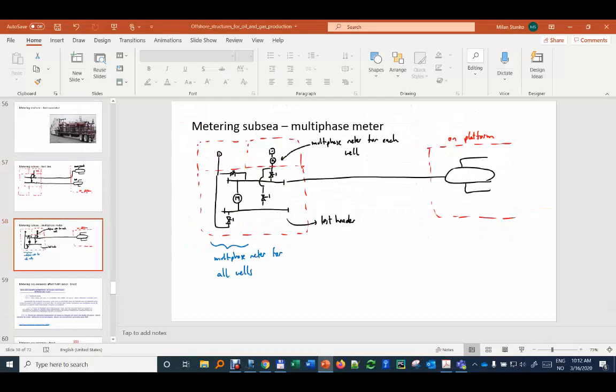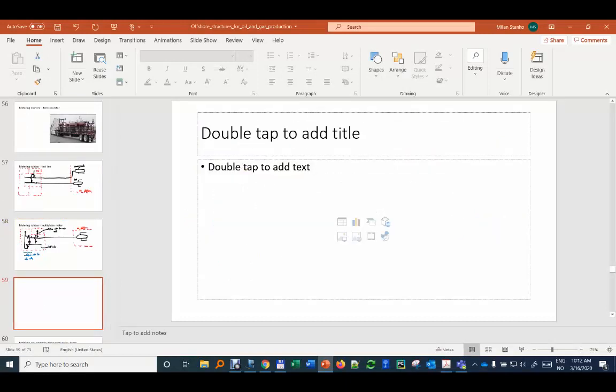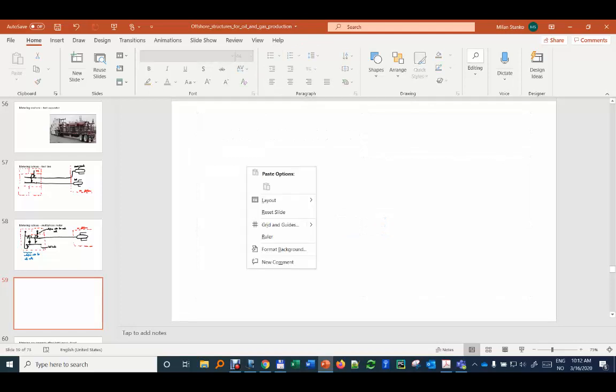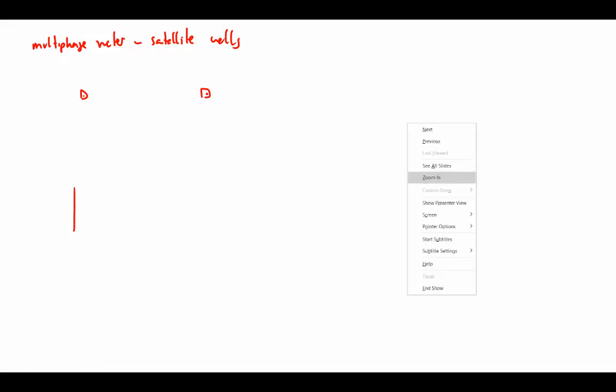Let's duplicate, create a new slide here. Here it's multi-phase meter. This is satellite wells. Remember, you have the satellite wells and then you have a manifold module.